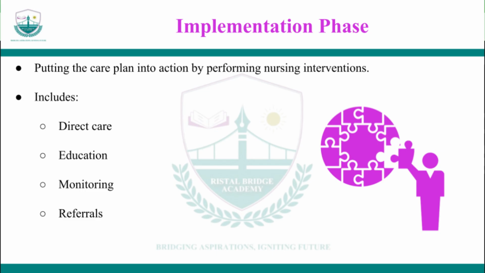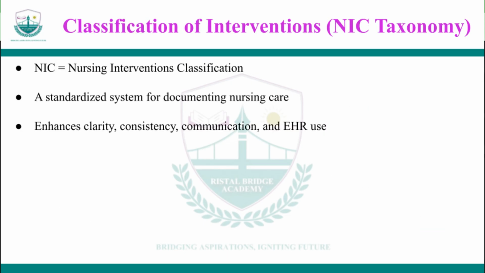So you may continue monitoring, you may direct the care, then you can refer the patient. Referral is also part of the care that you can give to a patient. Using nursing interventions classification taxonomy. So when implementing the nursing care plans, we use the NIC taxonomy.